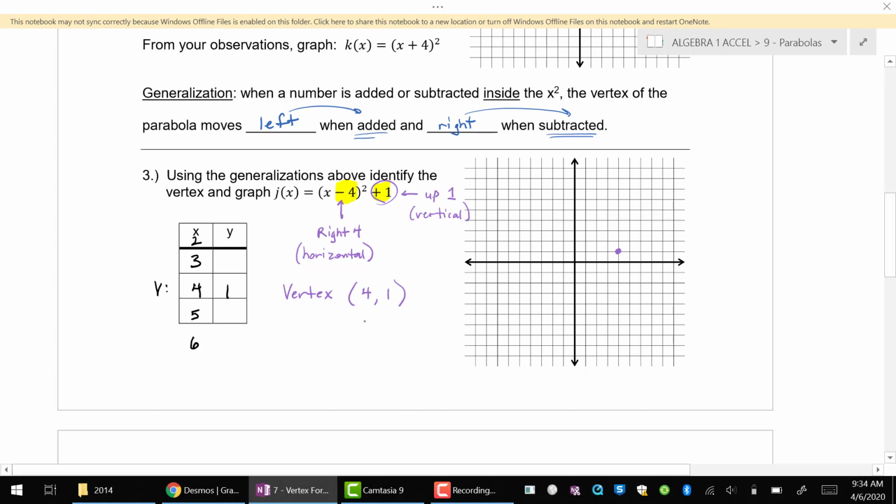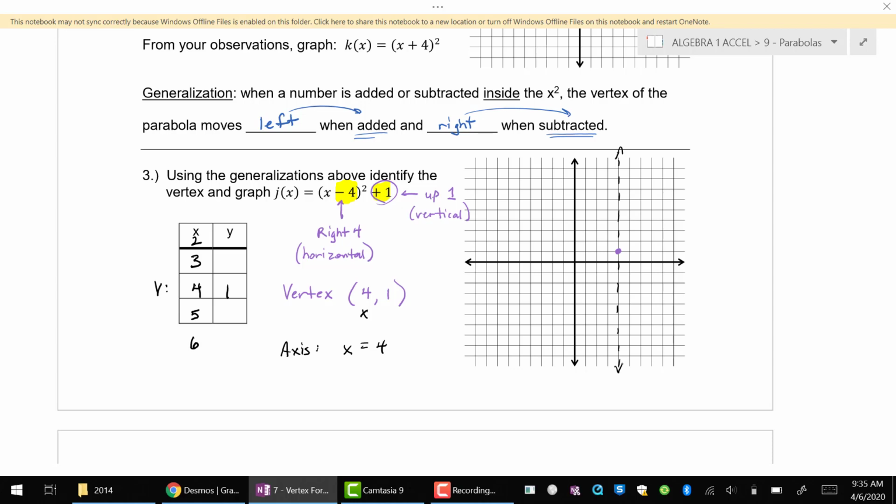And by the way, notice that once you have this x coordinate, the axis of symmetry is going to also be x equals that same number. So I'll graph the axis of symmetry for us. And then to find the matching y's for 3 and 5, we would just plug those numbers into our function.